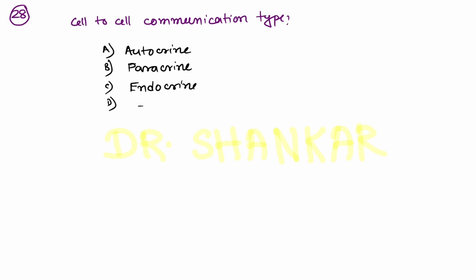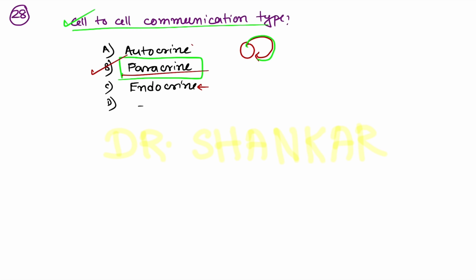Coming to the next question, cell to cell communication type is which type? I think the answer is paracrine type. Endocrine is through blood vessels. Autocrine means a cell influencing its own action, a cell regulating its own action is autocrine, and endocrine is through blood vessels to a distant level, and paracrine is adjacent cells influencing each other.